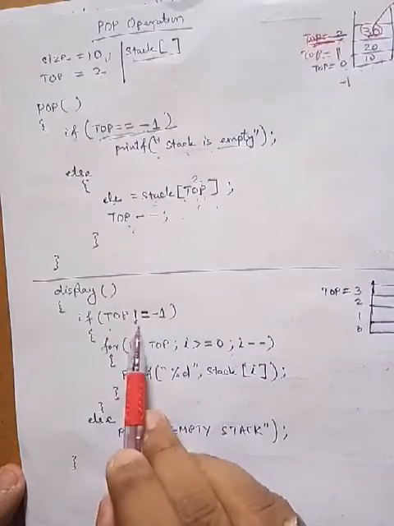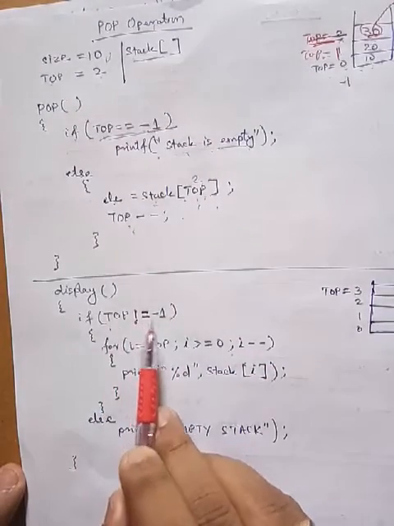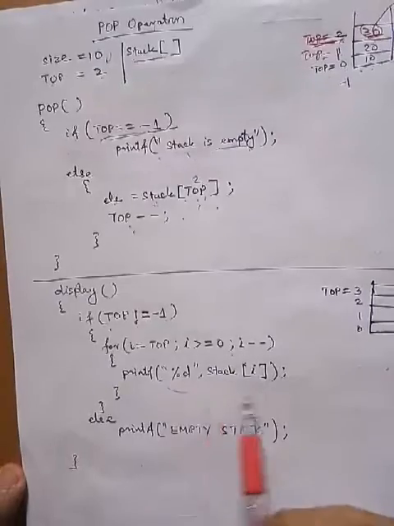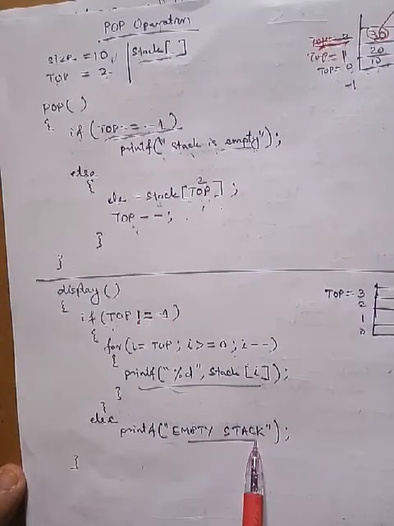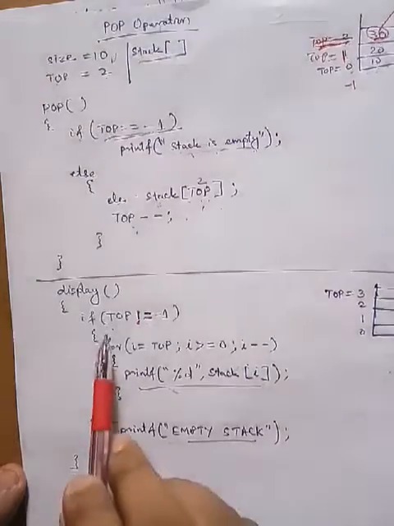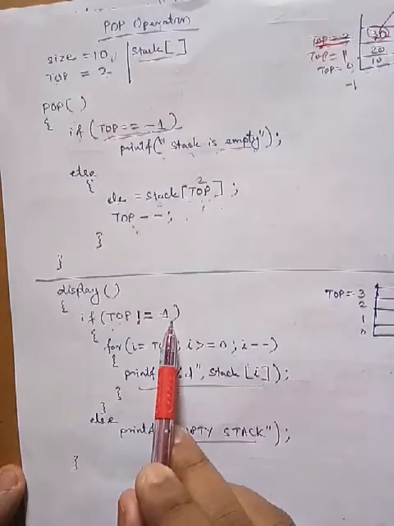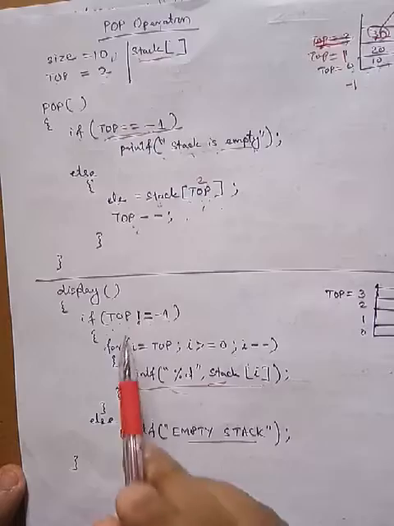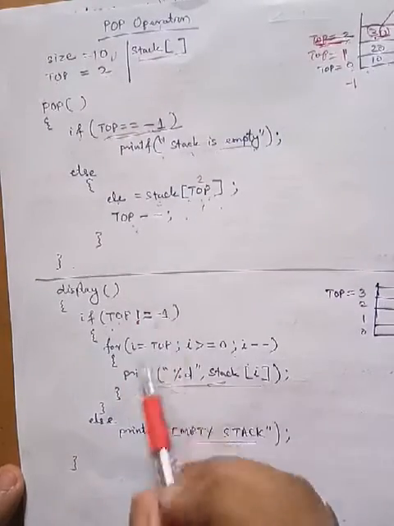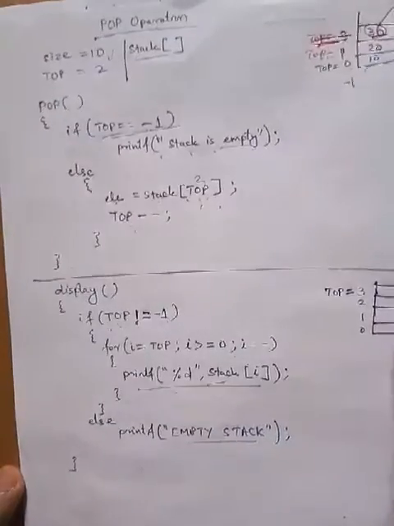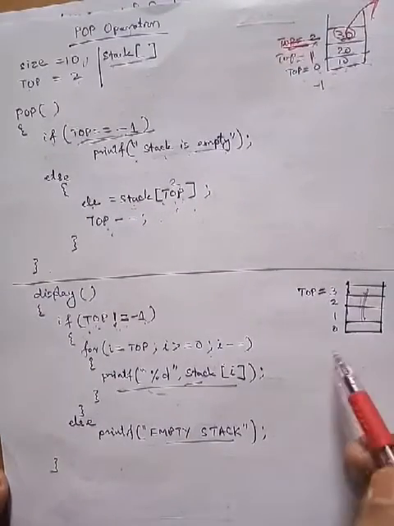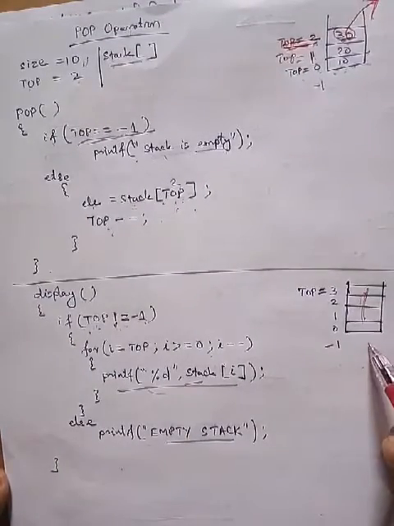So if top is not equal to minus 1, then you can print the elements. Otherwise you can print empty stack. If top is equal to minus 1, that means there is no element in the stack.